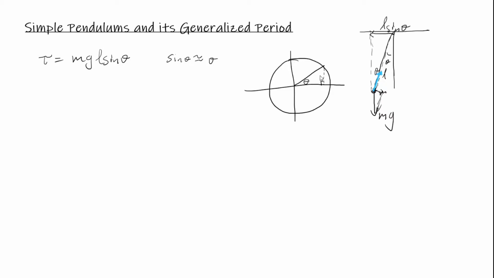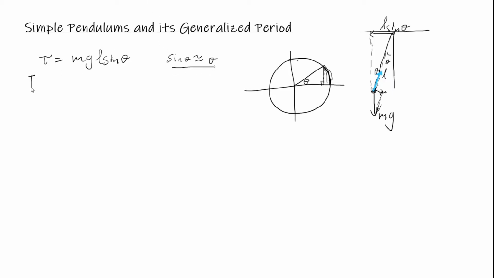But since theta is measured in radians, this length here is theta. These two lengths are approximately the same, and as the angle gets smaller, they're going to be really close together. That's why for small angles you can assume sine theta is approximately theta.